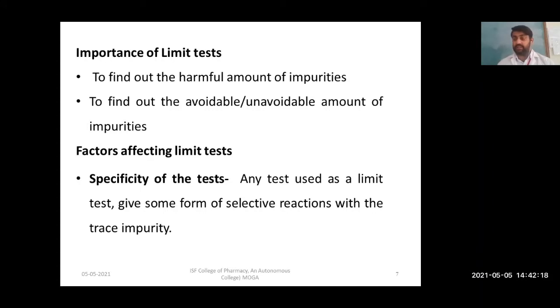These are quite specific, like the limit test for chlorides is specific for chloride impurities. The limit test for sulfate is specific for sulfate impurities. The limit test for iron is specific for iron impurities, while lead is specific to lead, and cadmium to cadmium. So these tests are specific in nature.